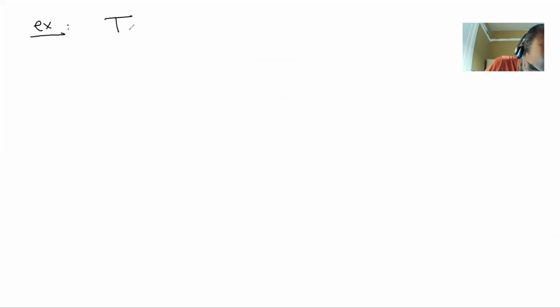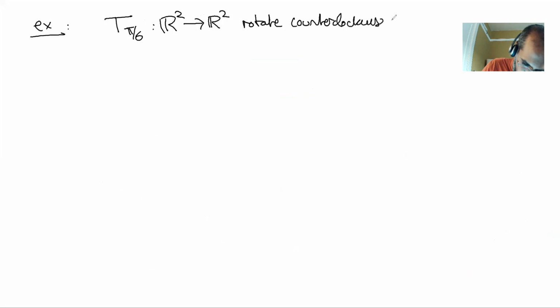Well, let's take T to be the rotation by pi over 6. So that's a linear transformation from R2 to R2. So what is its matrix?